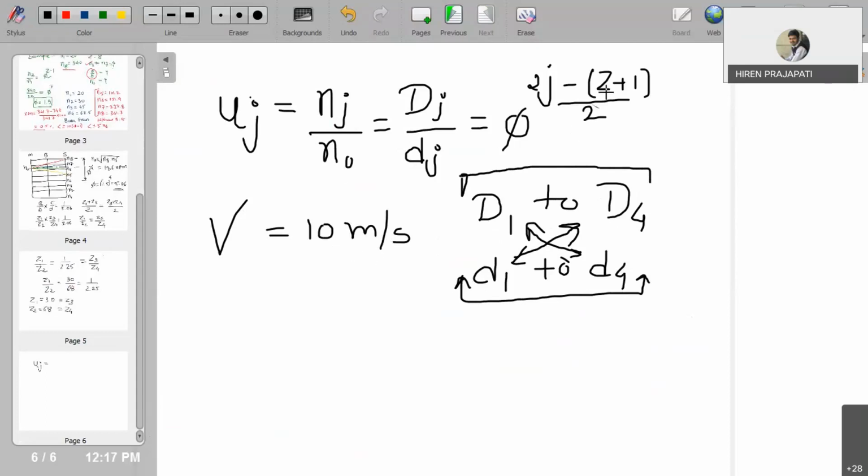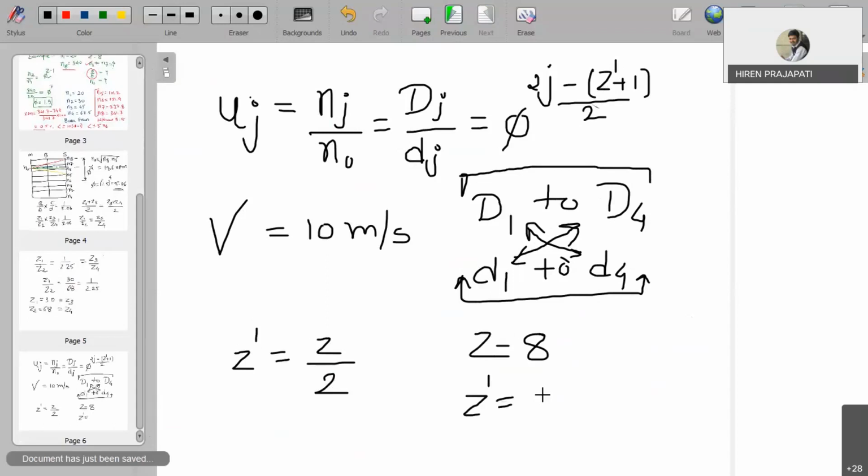One more thing I want to mention here: this is not Z, I should say Z dash, because Z dash is half of Z. It means if you want a total of 8 speeds from the pulley drive with back gears, then the number of speeds available from the pulley drive alone, without back gear, will be half of that. So this equation is only valid for pulley drives, meaning these higher RPMs.